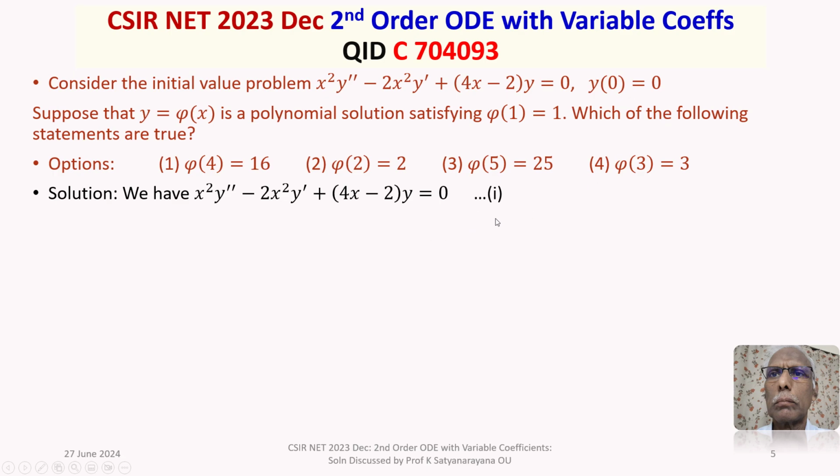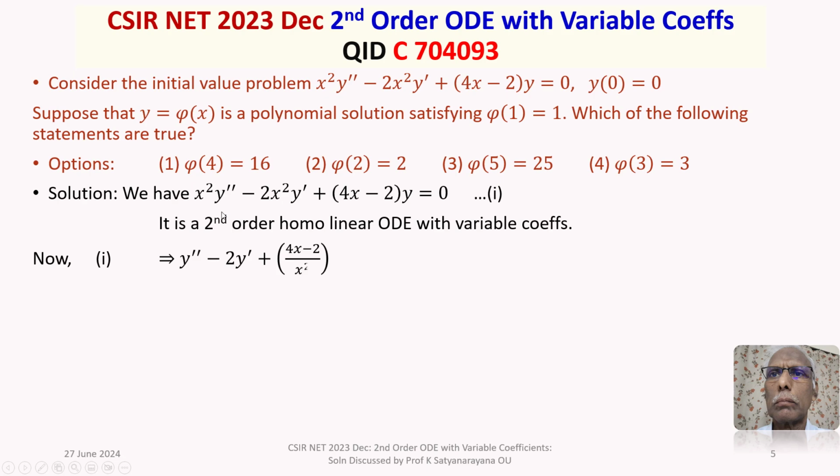Now, we want to put this in the standard form. So, divide throughout by x square. If you do that, then you will get y double prime minus 2x square by x square, which is minus 2, into y prime plus (4x minus 2) by x square multiplied by y is equal to 0.